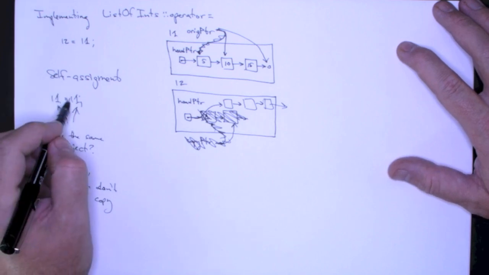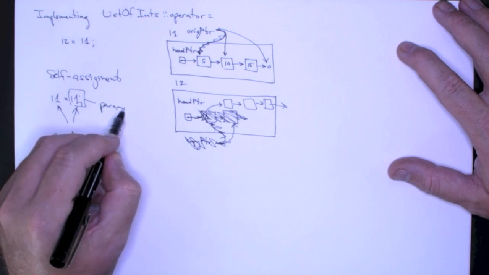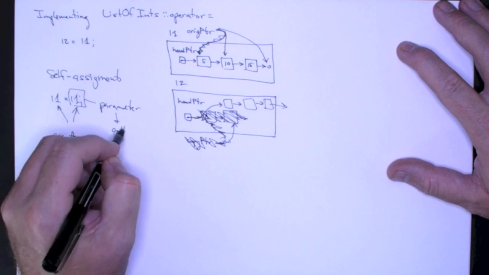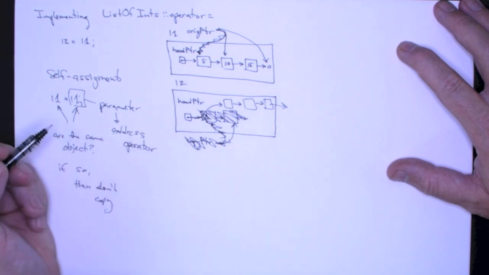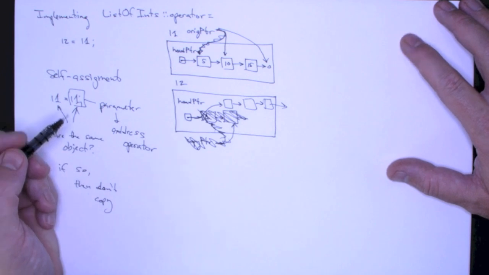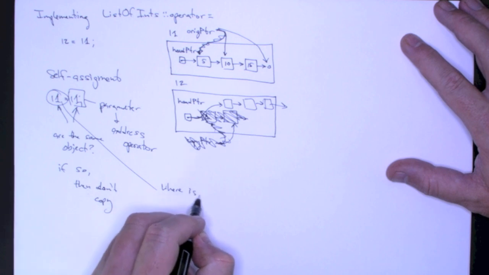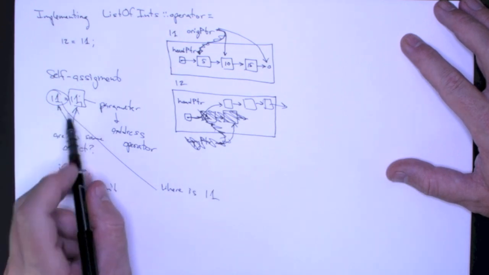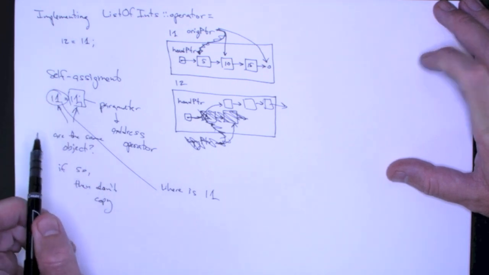Keep in mind that this will be the parameter, and we can use the address operator to tell us where it resides in memory. But how do we know where L1, the object, is? L1 is going to be the parameter, but it's also going to be this object.